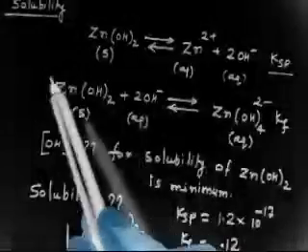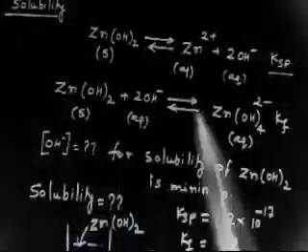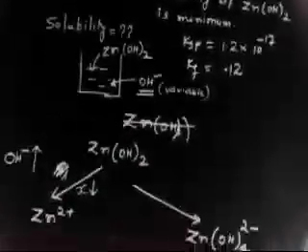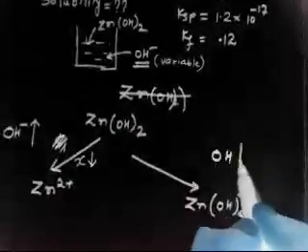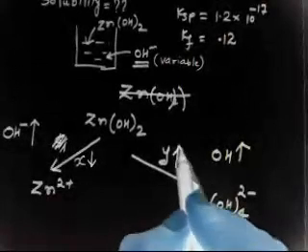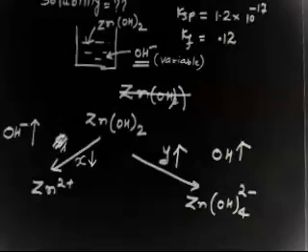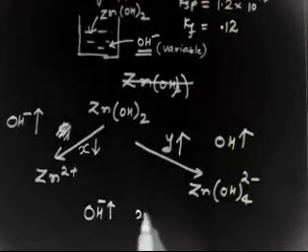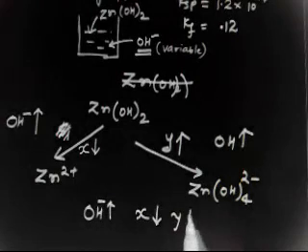So solubility of this compound due to this reaction increases. So I can say, if I increase the OH-, solubility due to this reaction, let us call it Y, also increases. Are you getting or not? So you see, if I increase the OH-, X decreases, but Y increases.